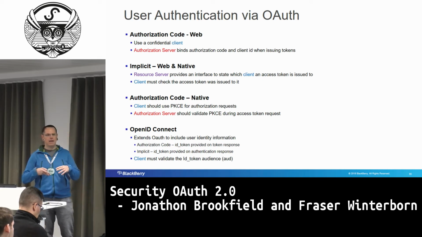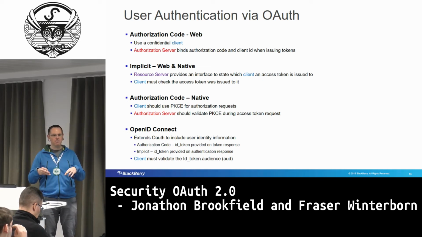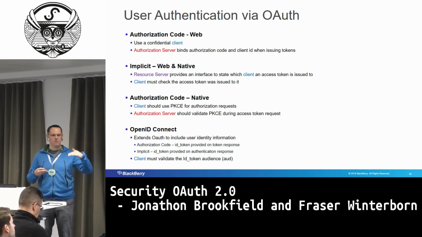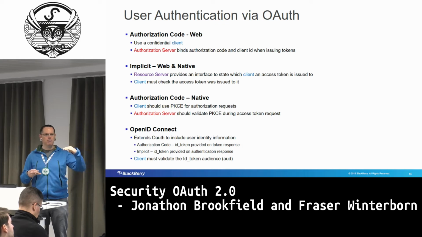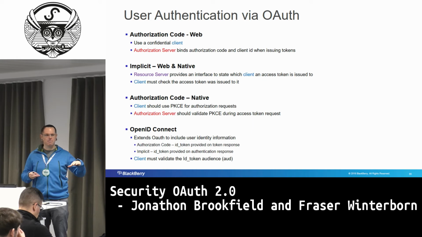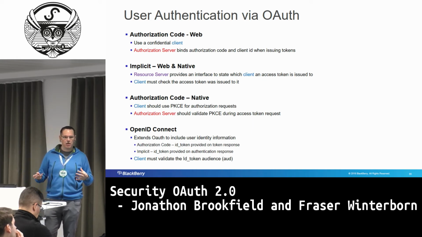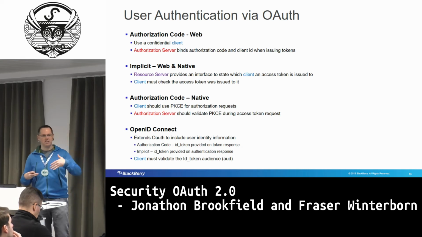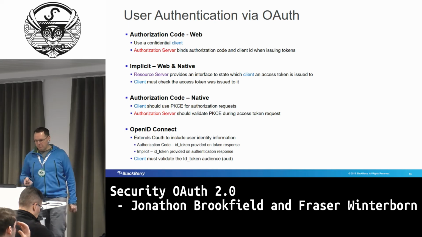That is building an identity layer on top of OAuth, and it does this by issuing ID tokens in different parts of the flow. So it will issue them alongside access tokens, and these are JWT tokens. They're signed, and within them they have an audience parameter, and the audience is basically the client that the token was intended for. So as a client, when you receive an ID token, you can look at it and go, oh, is that me? And if it's not, you can obviously discard it.